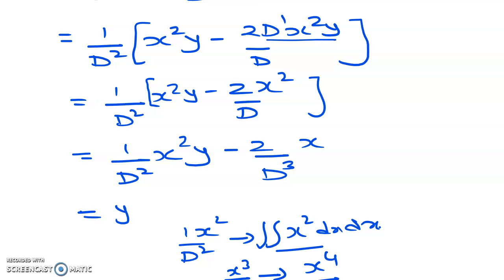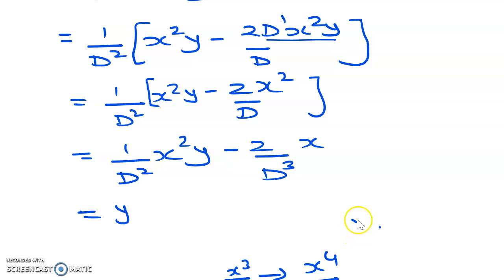So this is what I am going to write here. Remember, 1 by D squared, 1 by D means integration with respect to x, so I am having 2 times integration.